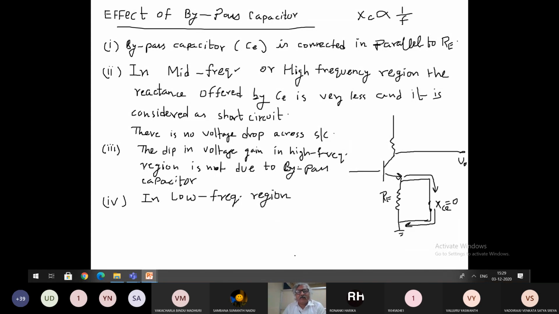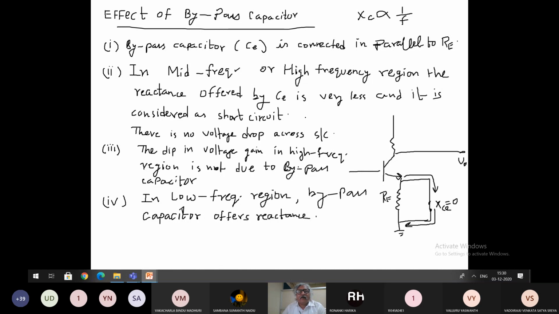So in the low frequency region, the bypass capacitor offers reactance.